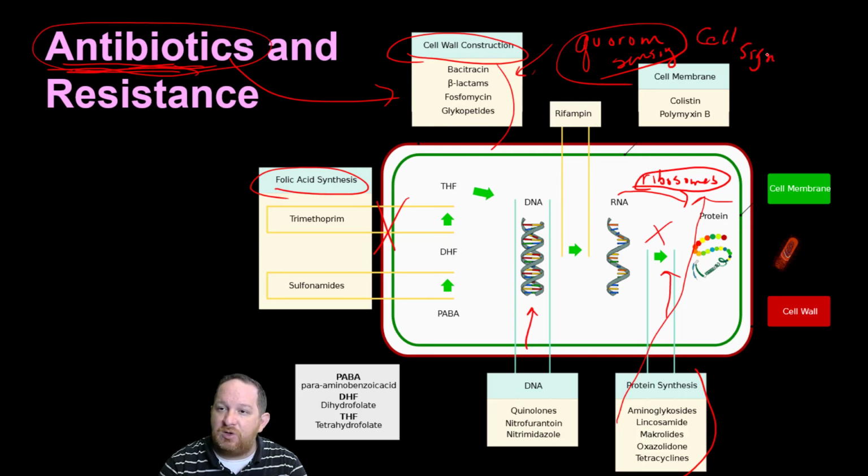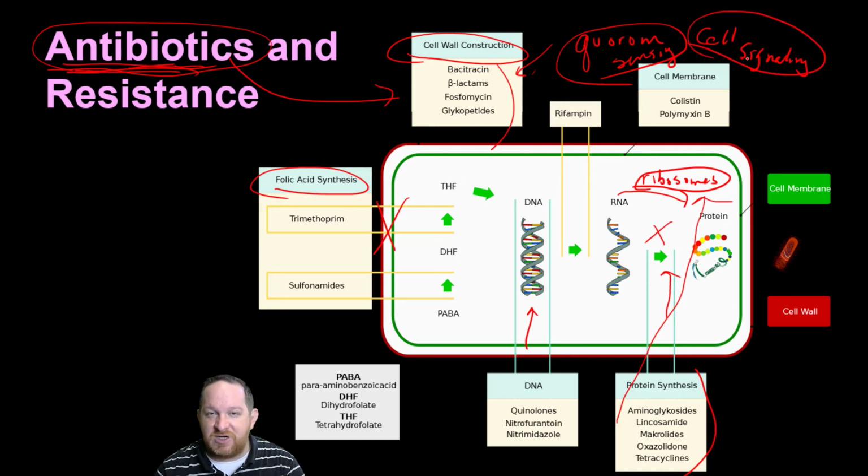Some of the interesting new antibiotics that I think are going to be coming out involve Dr. Bonnie Bassler at Princeton and her work with quorum sensing and cell signaling. The idea is that we can design an antibiotic to kill only particular bacteria, the ones we want to kill, and not kill all the good ones in our body. That's a really interesting new development in antibiotics that I think we're going to see more and more of.